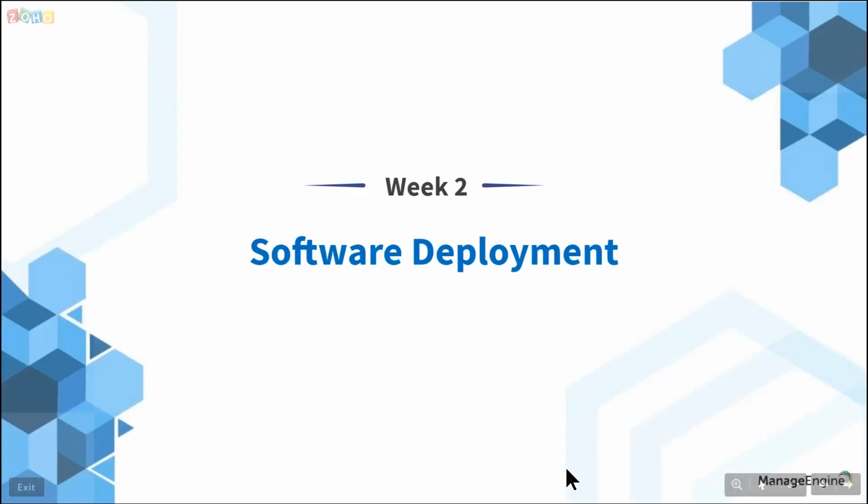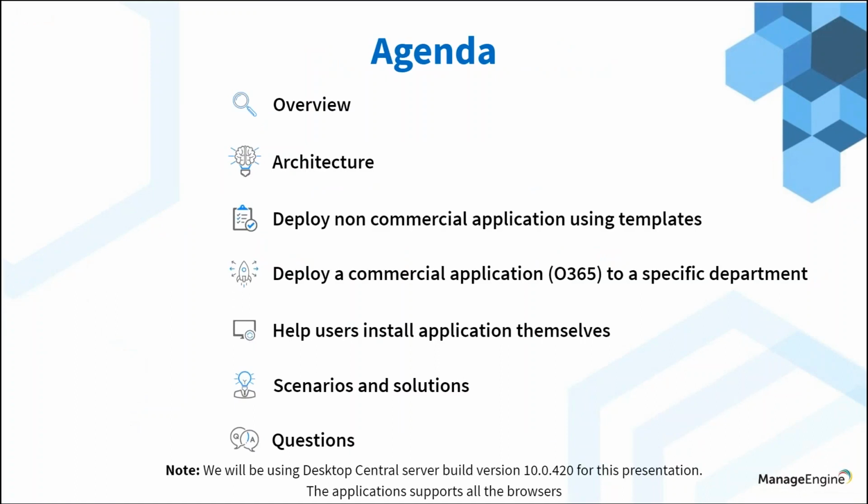Let's look at software deployment today. Let me quickly talk about the agenda. So we will have an overview of Desktop Central. Then we'll be having a look at the architecture behind how Desktop Central works. And with regards to software deployment, which is what today's session is about, we will look at some scenarios, including how to deploy a commercial and a non-commercial application.